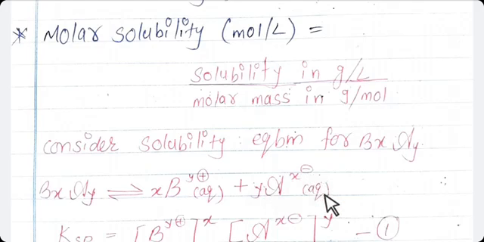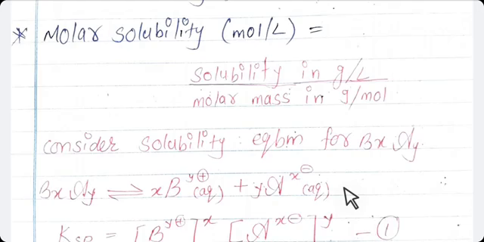As we have already known, whenever we dissolve any substance, it dissociates and produces ions. Similarly here, the solid BxAy dissociates and gives xBy+ plus yAx- in aqueous state.